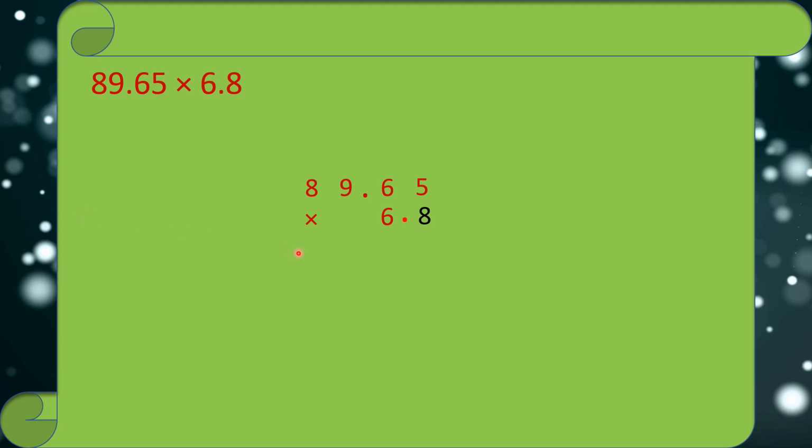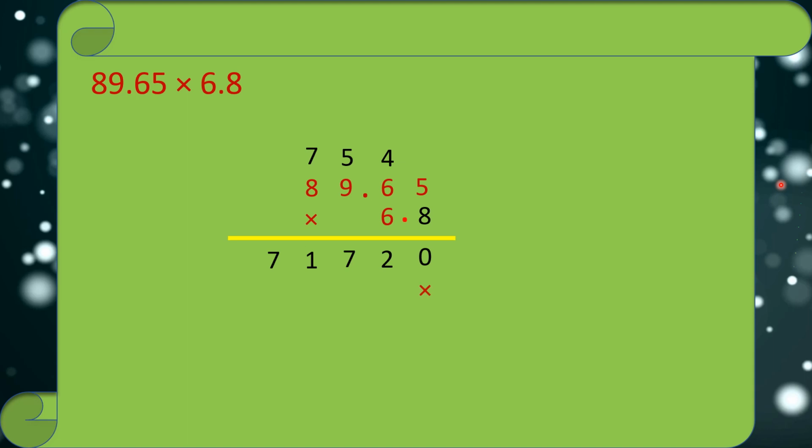So at first we will multiply by this 8. 8 5s are 40. We will write 0 here, 4 as carry, 8 6s are 48, 48 plus 4 is 52, we'll write 2 here, 5 as carry, 8 9s are 72 plus 5 is 77, we will write 7 here, 7 as carry, 8 8s are 64, 64 plus 7 equals 71, so we'll write 71 here.